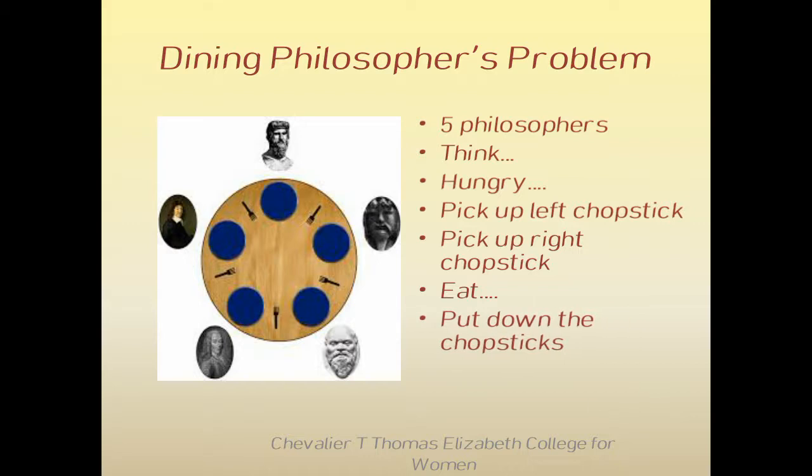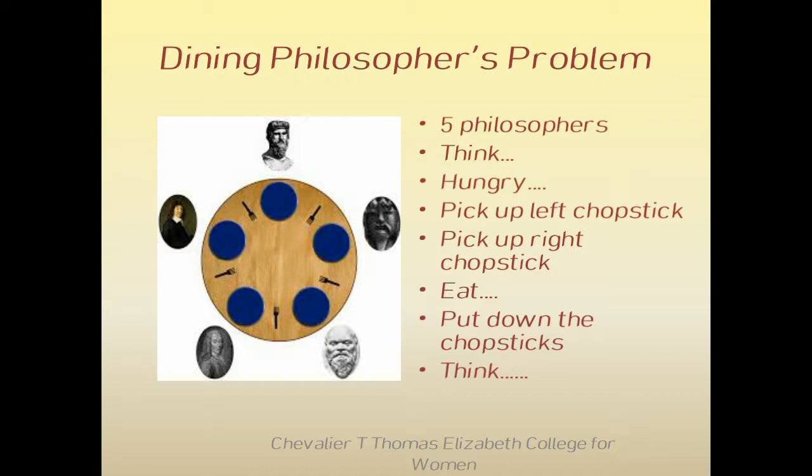So here we can see the sequence in which the philosophers act. They think, and when they are hungry, they pick up the left chopstick and then they pick up the right chopstick. Then they start eating once they have both. Then after eating, they put down the chopsticks and go back to thinking again. So far so good.